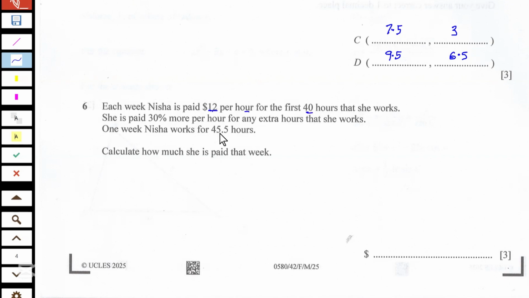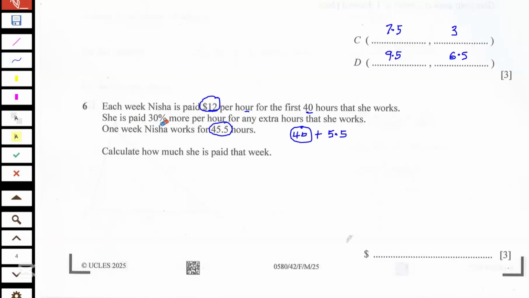Now, she worked for a total of 45.5 hours, which means we have the first 40 hours plus an additional 5.5 hours. So for the first 40 hours, Nisha was paid $12.